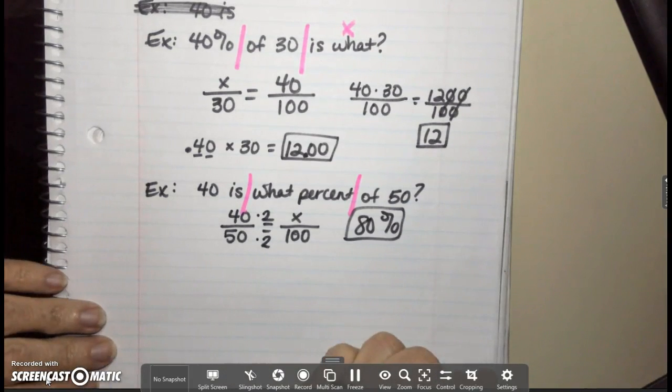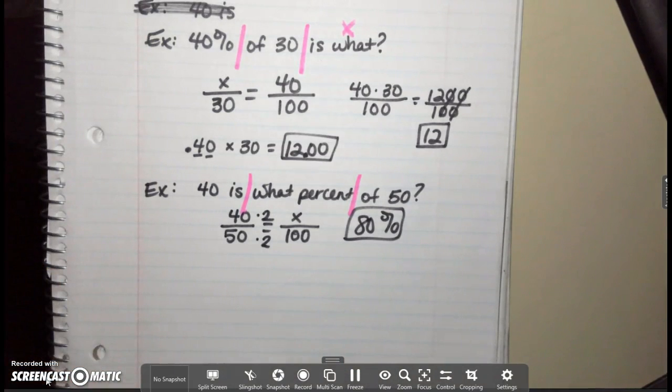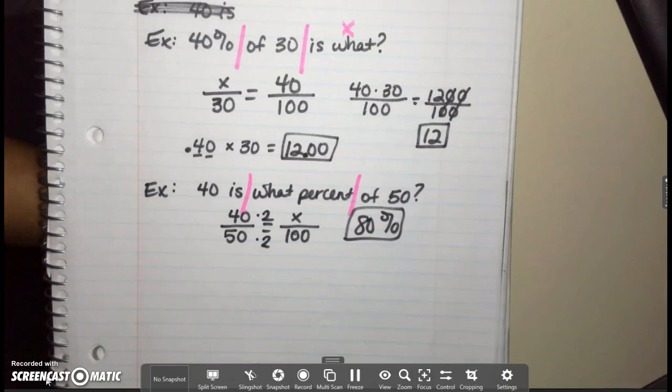Okay, last one. Wait, why is the X on that one different compared to the other one? That's a good question, Howie. Would you like to explain that? You don't know what percent it is, right?